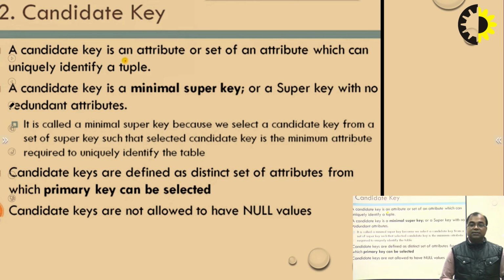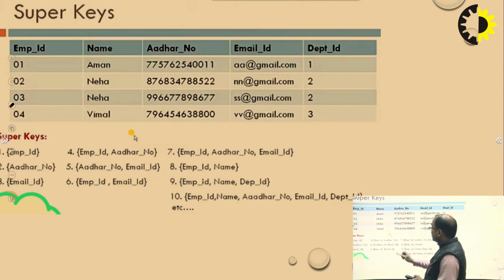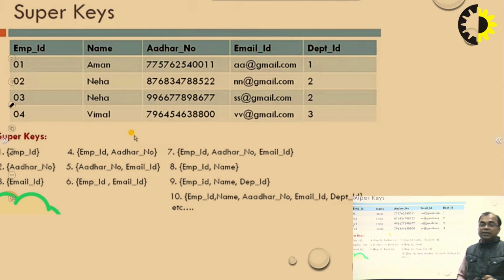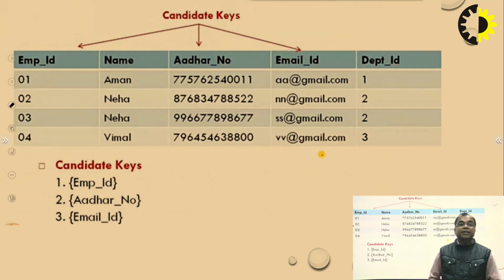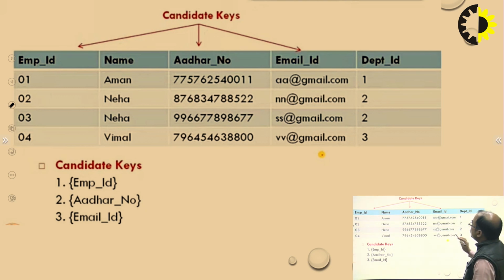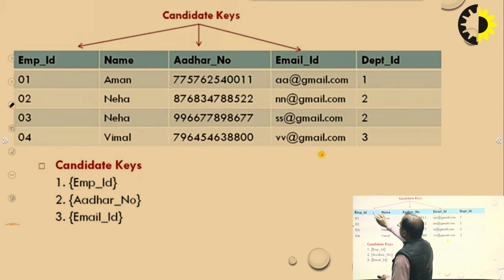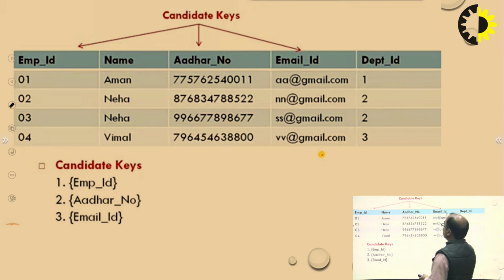But in this case we can see this is not a set that is unique. इसमें हम कुछ अलग कर देंगे, कुछ सबसेट निकाल लेंगे, तब भी वो की रहेगा, तो इसको हम नहीं कहेंगे दिस इज नॉट अ कैंडिडेट की. क्लियर? यहाँ पे हम देख सकते हैं we have the same table. So here in this case we have 3 candidate keys: employee ID, Aadhaar number and email ID.